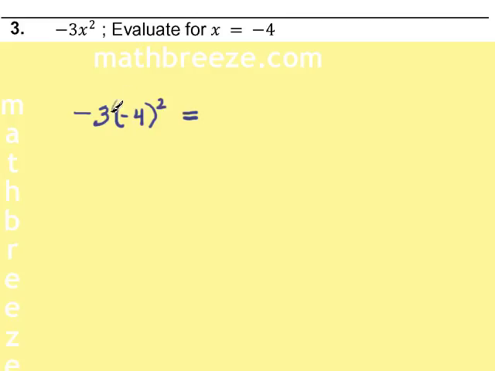So we're doing minus 4 times minus 4. A negative times a negative is a positive. So that's minus 3 times 16. Negative times positive is negative. 3 times 16 is 48, so we have negative 48.